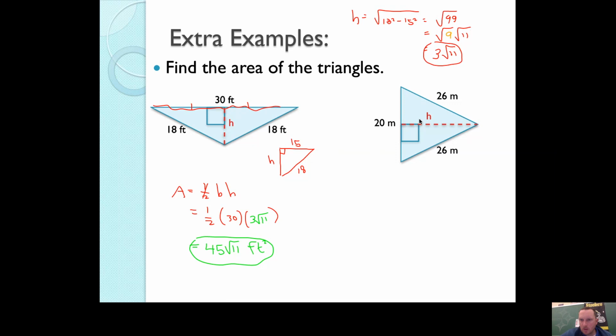Okay, last one. I know this is going to be 10. Area of my triangle is 1/2 base times height. I know my base is 20. The height I don't have, but I can find it. I know triples, 5, 12, 13.